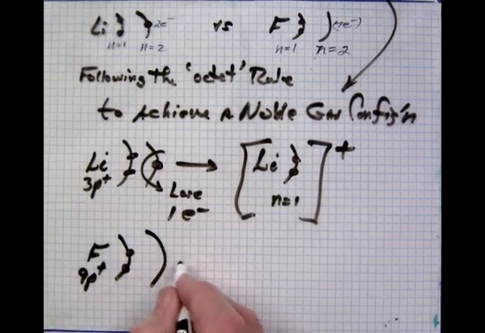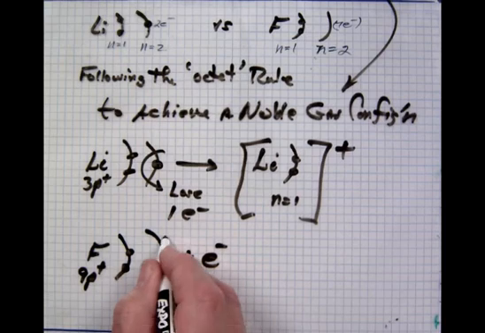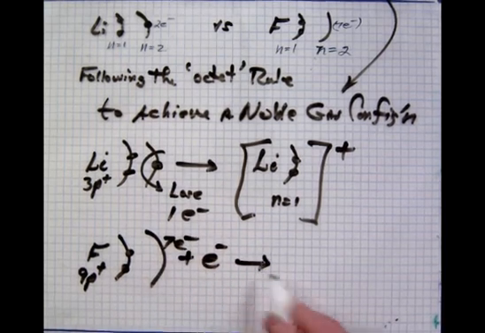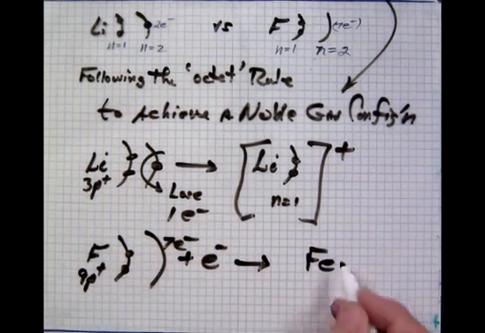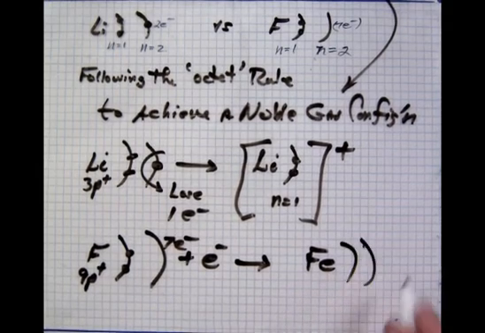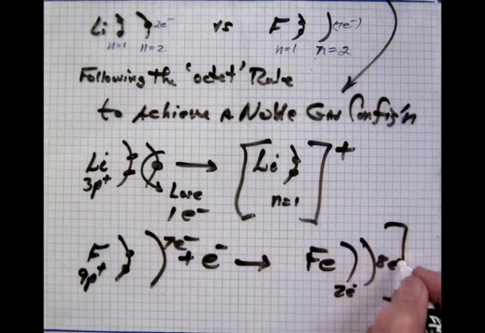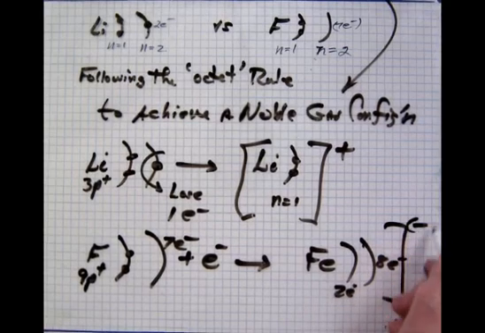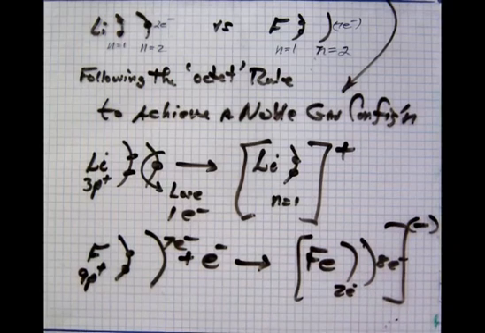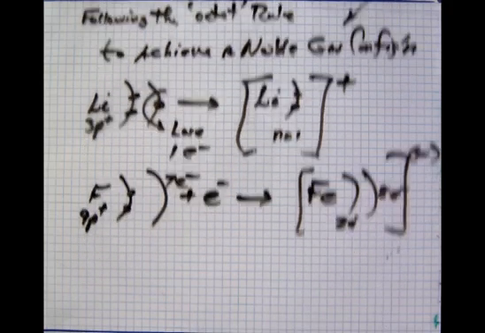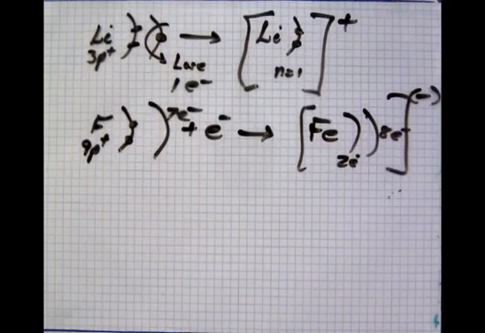So it would gain an electron and achieve a structure with 8 electrons and 2 electrons in n equals 1, and gaining that extra electron means that it has a net negative charge. Okay, so that's the logic fundamentally in looking at the periodic table and determining who's gaining and losing electrons.